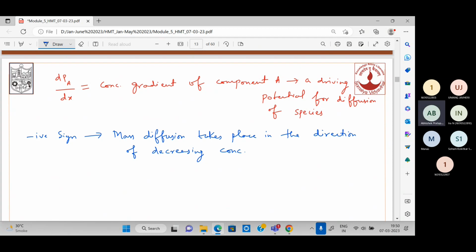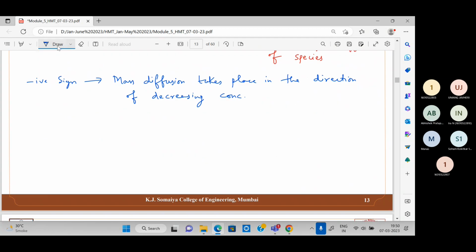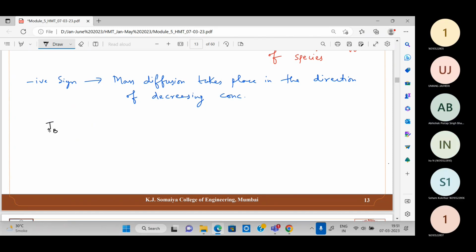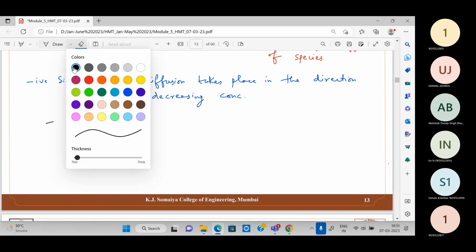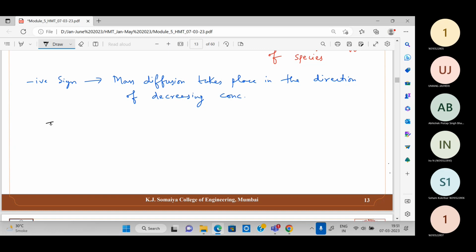For component B, we will write the diffusion rate of component B in component A. In a similar fashion, it will be minus DBA into d rho B by dx.